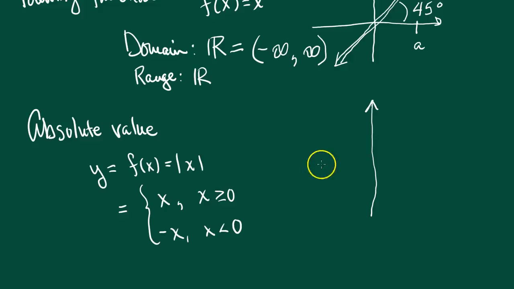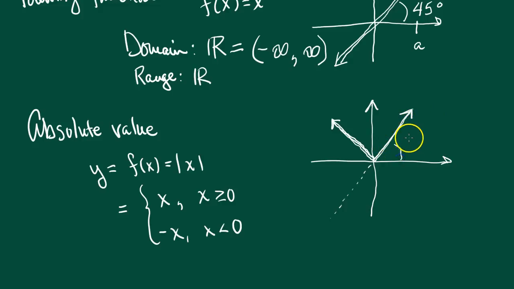It starts out looking like the identity function. So that's a 45-degree angle. But instead of continuing down to the left when x is negative, the negative half, negative input half, is reflected over the horizontal axis so that the whole thing looks like a V. This is still a 45-degree angle.